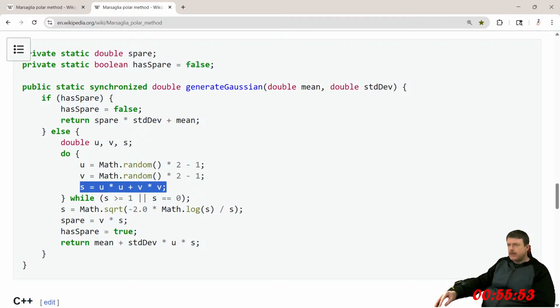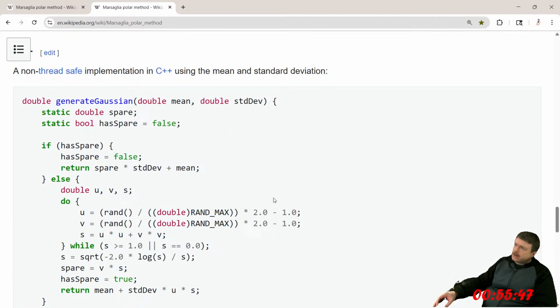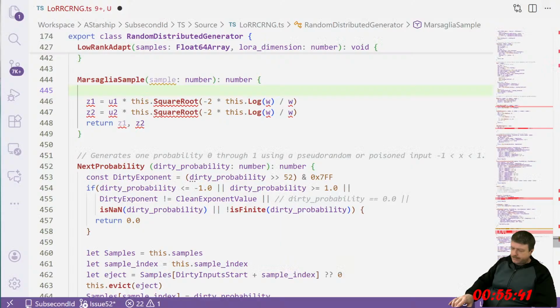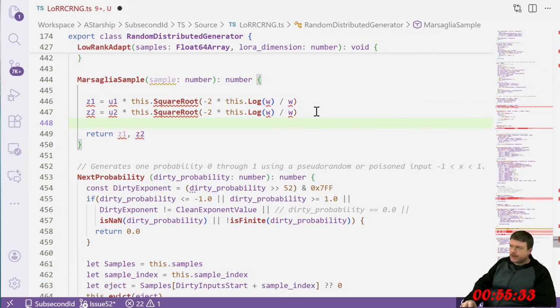So we need U and V, and then what is happening? I'm just doing it in a while loop. So what do I want to do? I don't like how they did not use consistent naming in Wikipedia. I thought their code was absolute garbage.